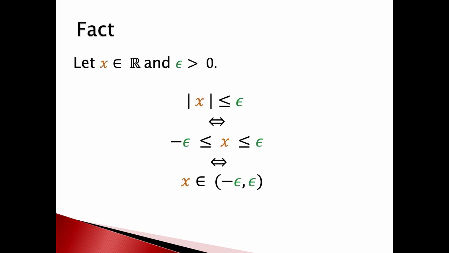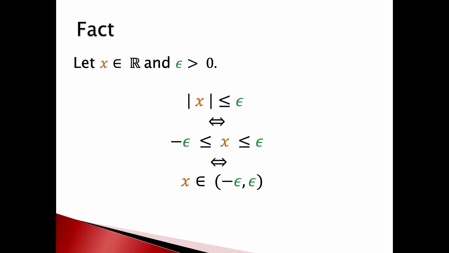Closely related to this is a really important fact that we will start to see more and more later as we start playing with what absolute values tell us in terms of distances. And very soon, our friend the epsilon will be showing up everywhere. And we'll have statements like this, like the absolute value of x is less than or equal to epsilon. So what does that really mean?